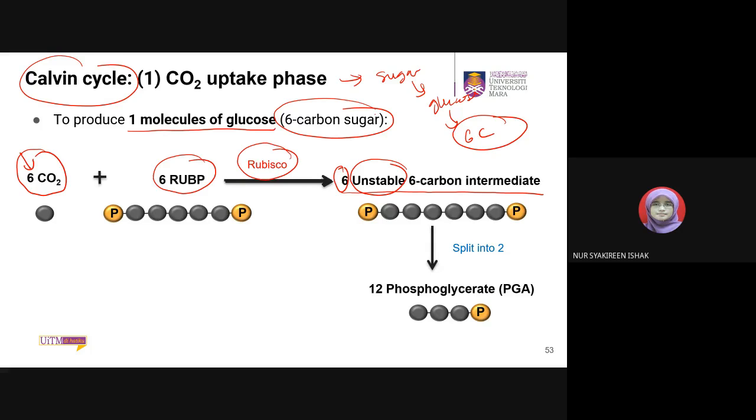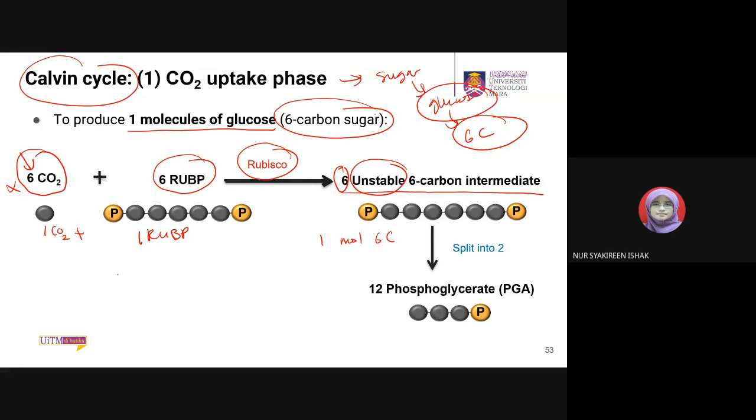Tengok gambar kat sini. Saya tak draw sampai 6 kali. So maksudnya kat sini, satu carbon campur dengan 1 RuBP akan hasilkan 1 molecule of 6-carbon intermediate. Tapi sebab nak hasilkan glucose, awak kena imagine cycle tu berlaku 6 kali serentak.